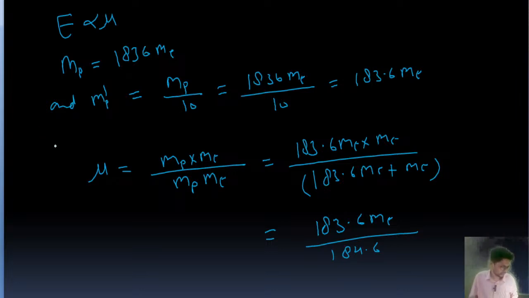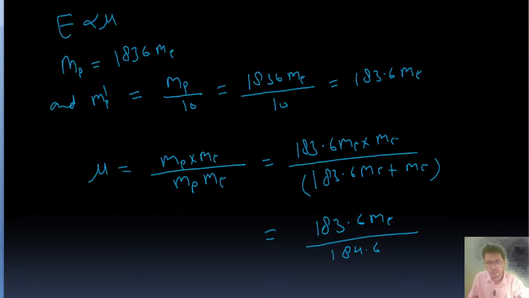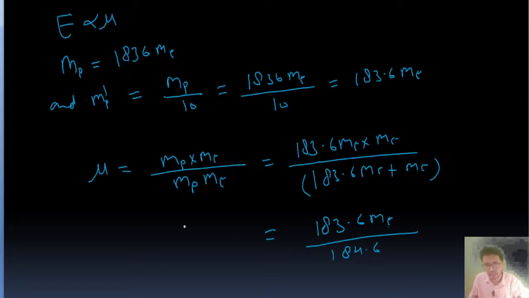Now, or we can write mu upon me, because this me will come in the denominator of mu, right?